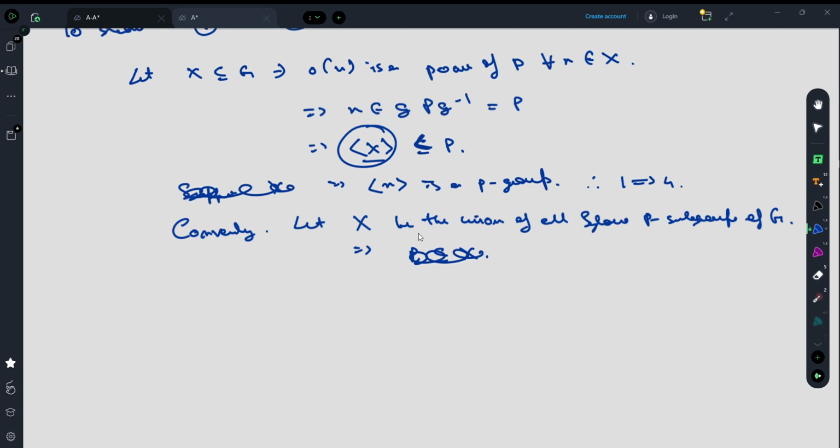Or I should say, if X is the union of all Sylow P subgroups of G, then what more can I say? I can typically say that P is a subgroup of the subgroup generated by X. Correct.